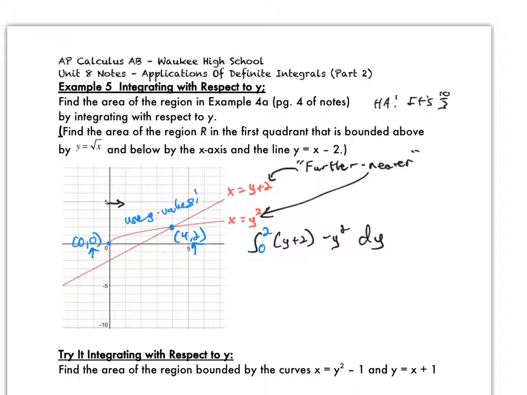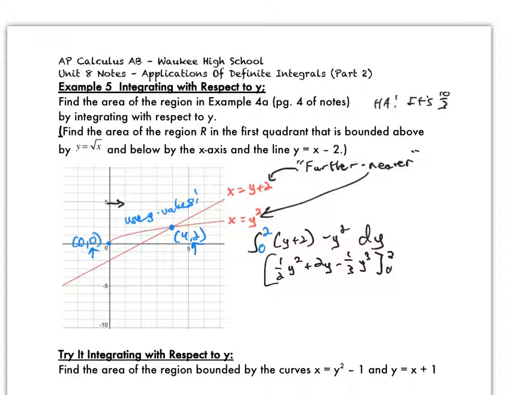And you might see that the integration isn't all that difficult to do. It's really not that hard. Let's find out if we get 10/3 by zipping through the integration very efficiently here. I'm going to get 1/2 y squared plus 2y minus 1/3 y cubed, all evaluated at 0 and 2.